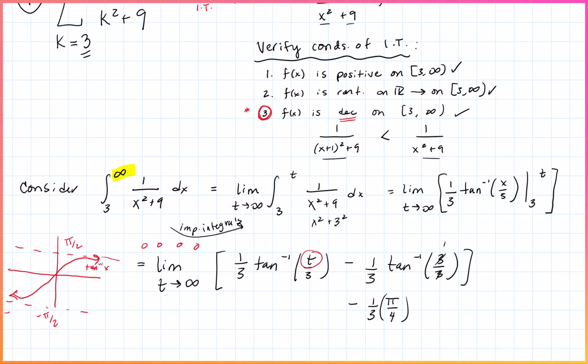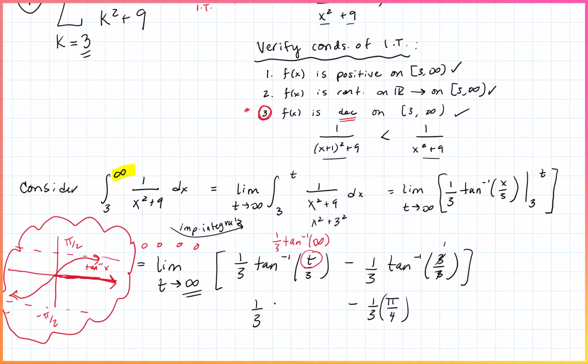So as this is approaching infinity, and we're looking at 1/3 times the inverse tangent of infinity, as we're letting t go to infinity, we know that as we're approaching infinity, heading out this direction, our inverse tangent is approaching pi over 2.